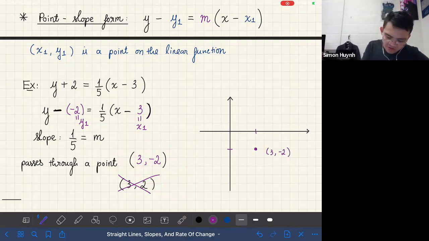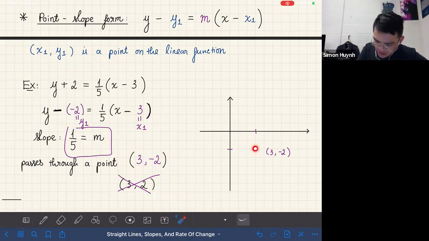And this slope of 1/5 is telling us to go up 1 unit. So from the point here, I'm gonna go up 1 unit, and I will go over 5 units. Is that 5? Yep. Okay, so if I go up 1 and over 5 units, I end up over here.